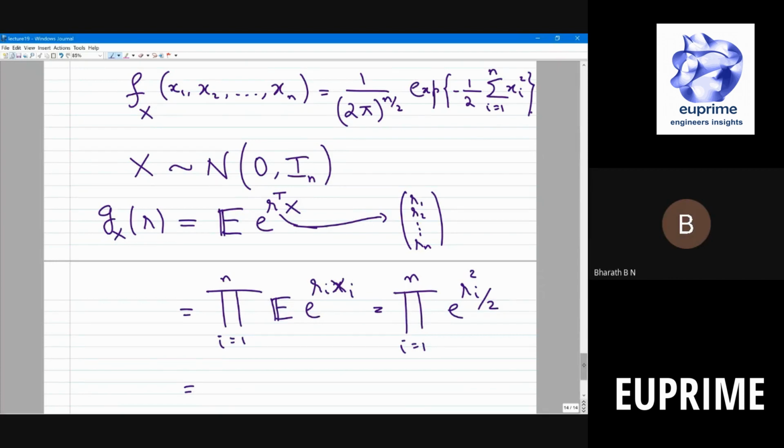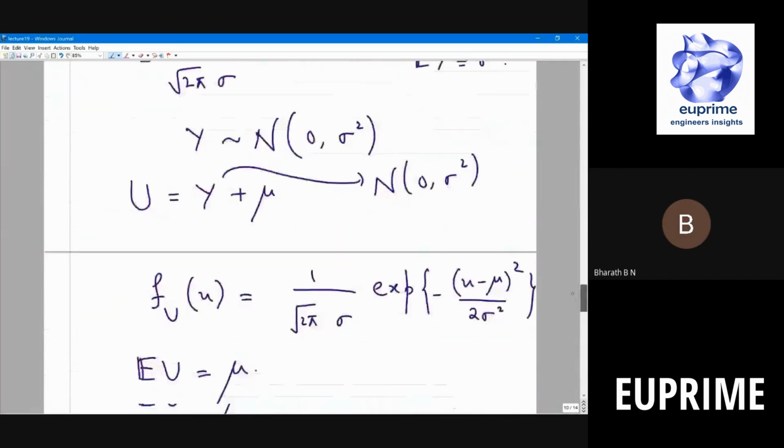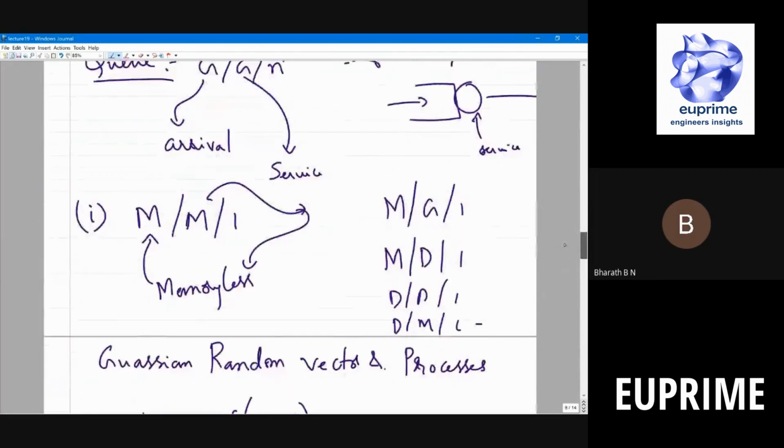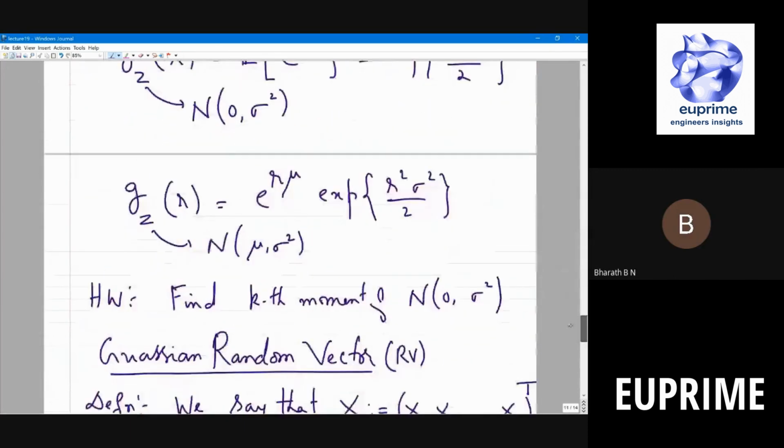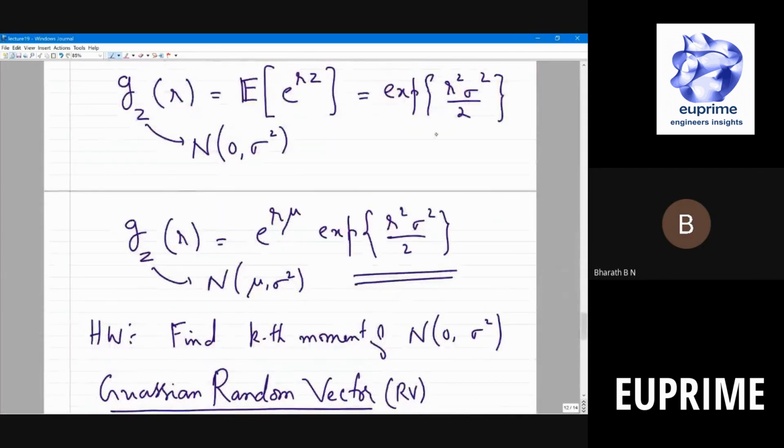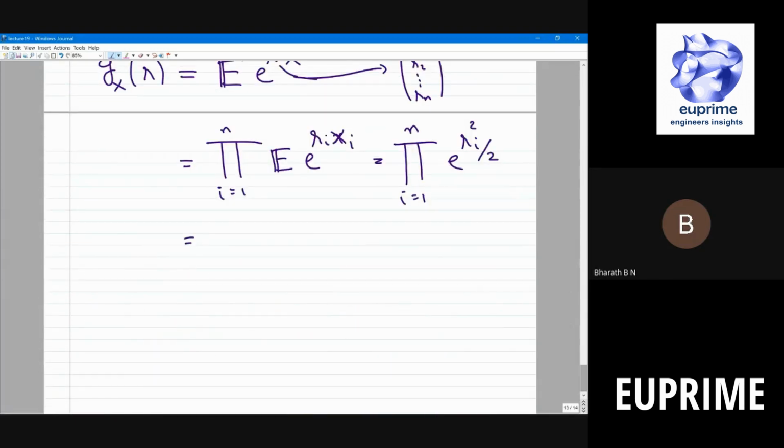Because that's what we saw. Expected value of e to the rZ is e to the power r squared sigma squared by 2. If sigma is 1, then it's e to the power r squared by 2.